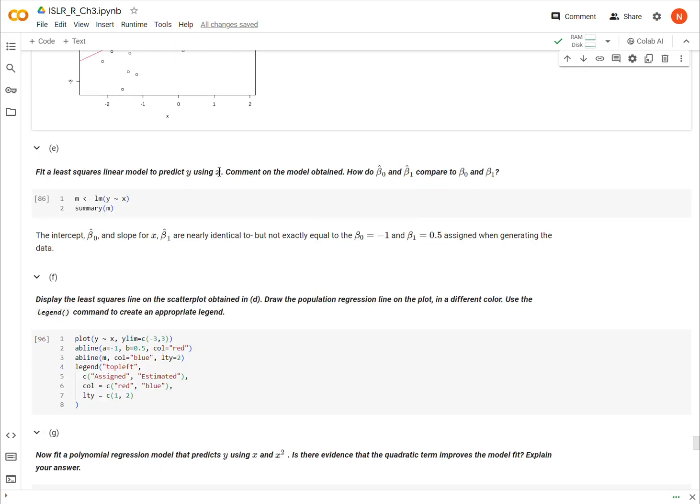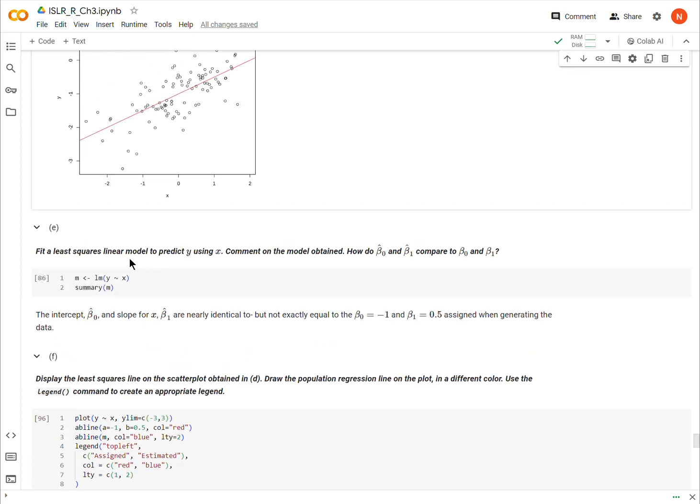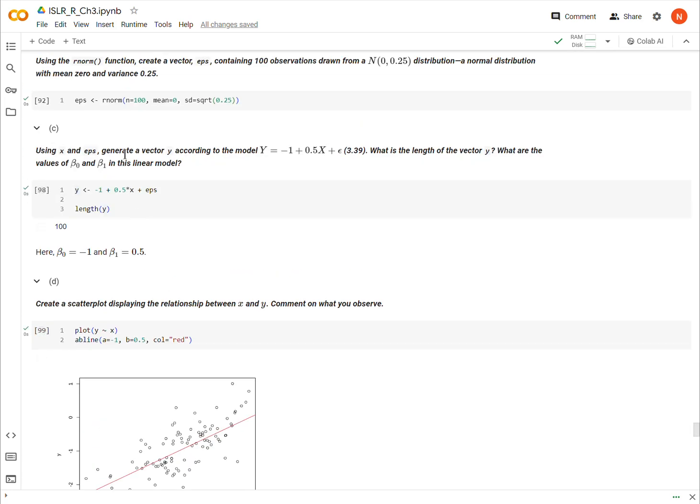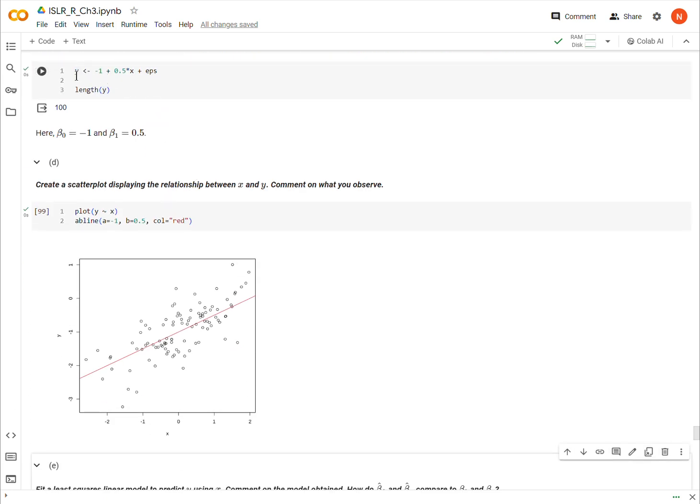Part E, we're going to now fit a least squares regression of y onto x, and then compare the estimated values of b0 and b1 to the assigned values of b0 and b1. Now, if that doesn't make sense, remember that we made x and epsilon to define y, and both x and epsilon are random variables, so we can predict what they are within a distribution, but we don't know what the exact values are going to be.